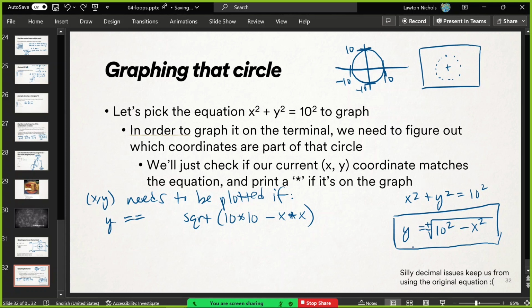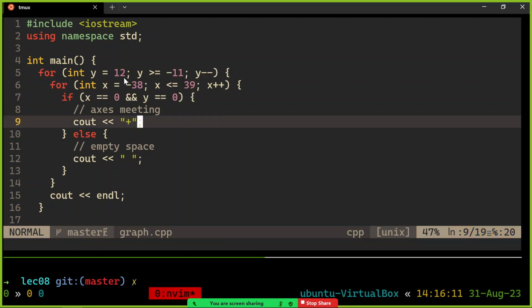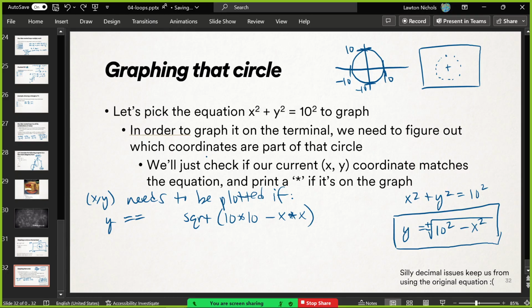And then sadly, we have silly decimal issues because points over here on our graph are probably like 4.5, 6.789, and those are not whole numbers. Our x and y values are only ranging through whole numbers. So if we want to have something appear on the graph, we gotta shove it to the closest whole number y value, let's say. And so we gotta round it. We'll just round it to the nearest one.